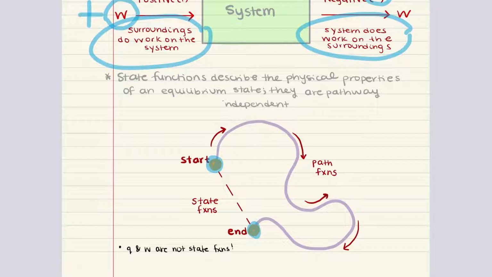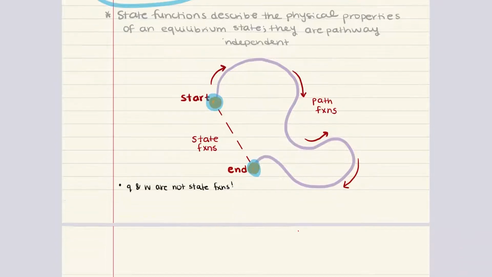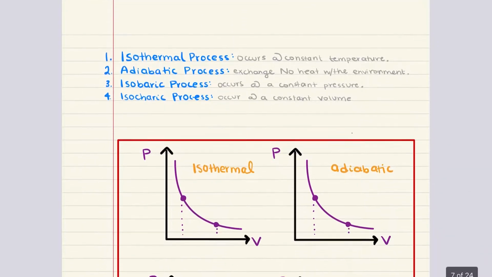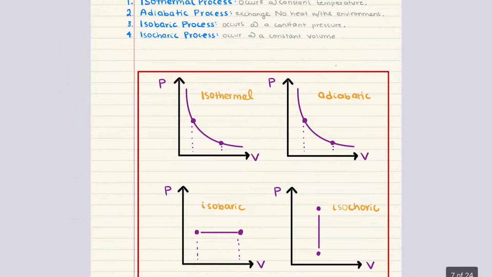Now, having established the foundational concept of internal energy and the first law of thermodynamics, we can now explore specific thermodynamic processes that exemplify how energy and matter interact under different conditions.